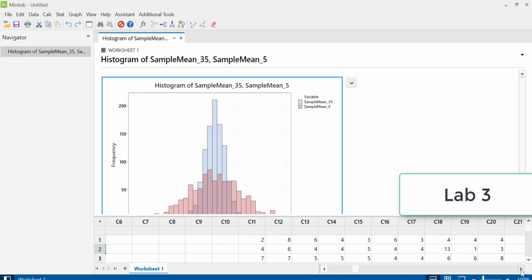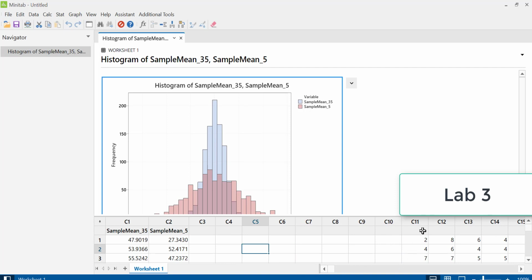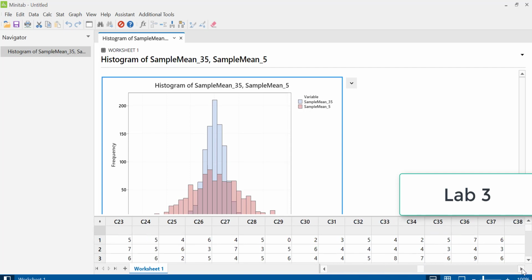So we look at the data here from C11 to C45. So the data follow the binomial distribution.